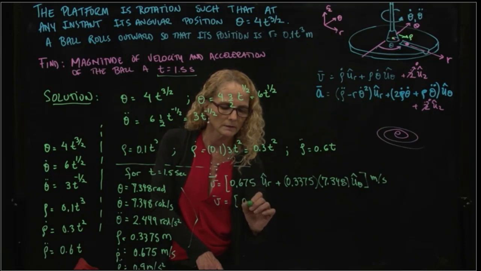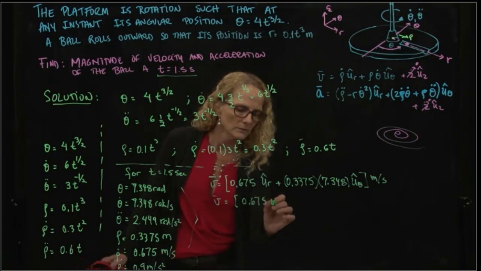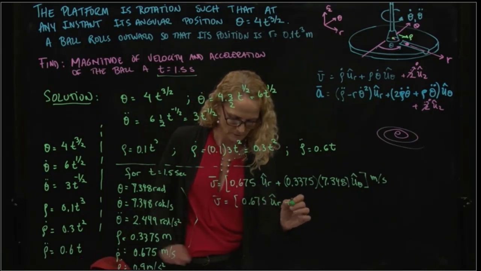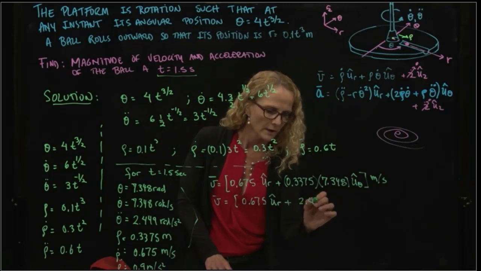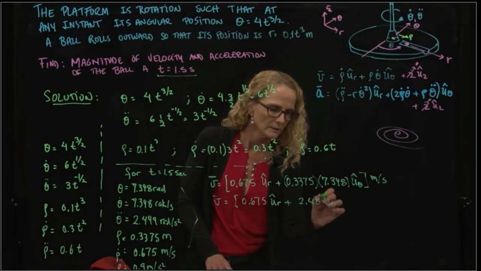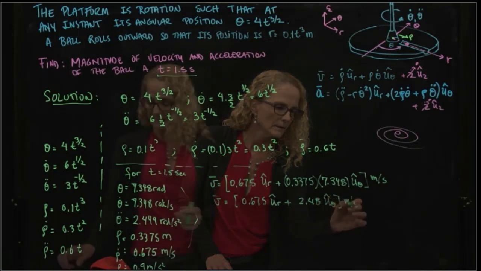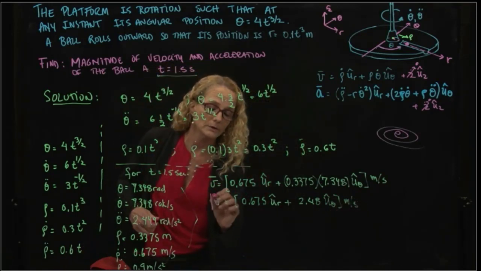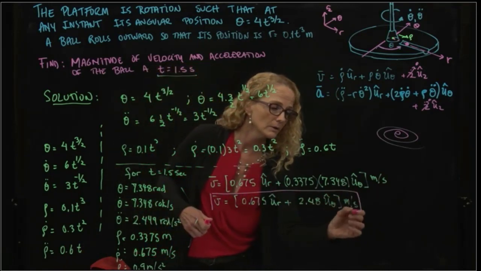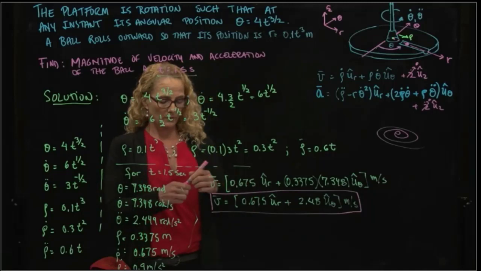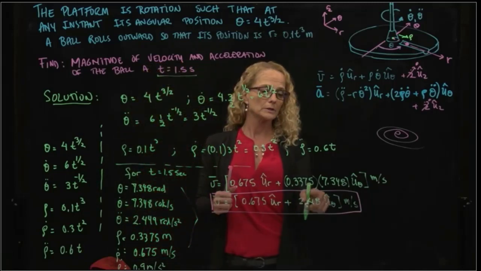This value is already the same. In the u r direction, plus 2.48 u theta. This is in vector form. If we want to calculate the magnitude, we know that we have to square each of the terms.